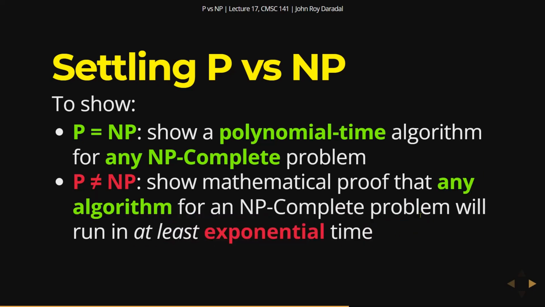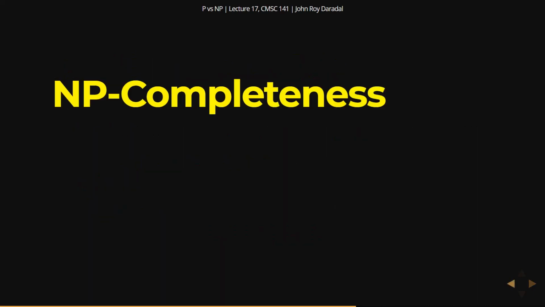So not just one algorithm or two algorithms, it has to cover all algorithms. Any possible algorithm, no matter how clever it is, has to run in at least exponential time. So this is a little bit more tedious, right? Because you have to prove it mathematically and for all algorithms.